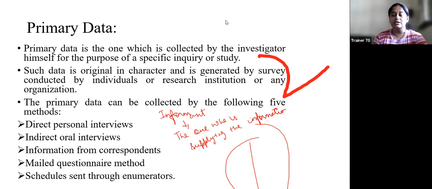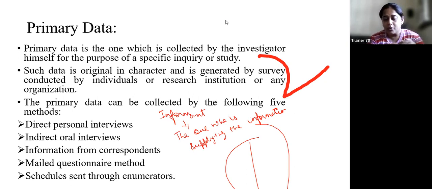The next method is information from correspondence. Now, correspondence means the investigator appoints or hires some local agents called correspondents in different places. Obviously, if I am the interviewer, it is not possible for me to go everywhere.